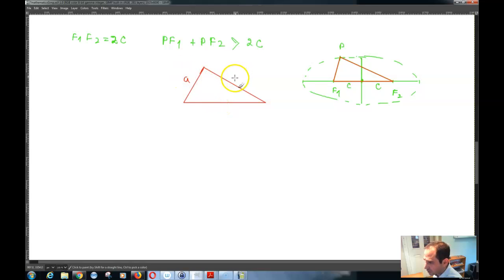If I take this side as A and this side as B, then A plus B is always greater than C, no matter which side you take as A, B or C, and no matter what sort of triangle you have, in any arrangement or combination.